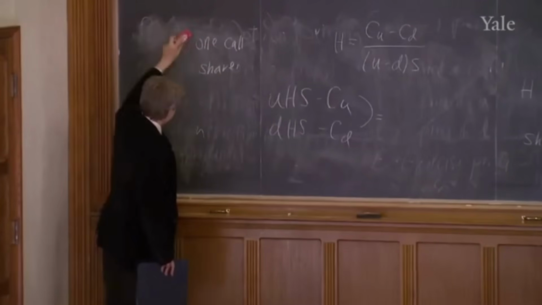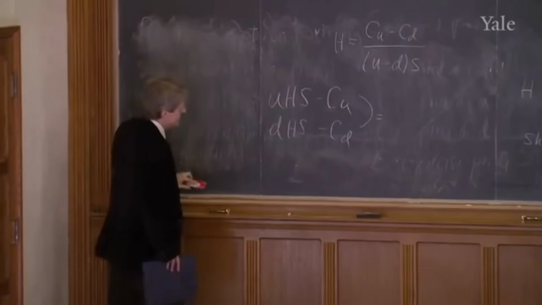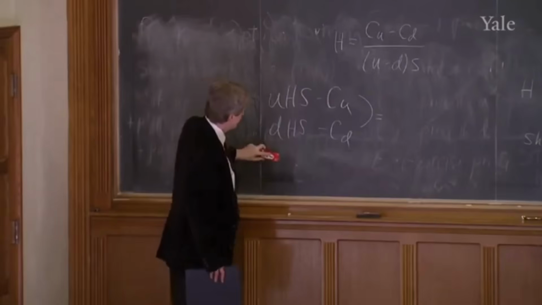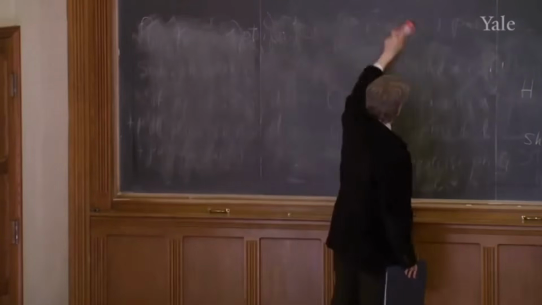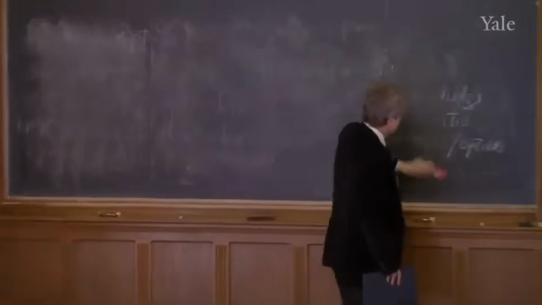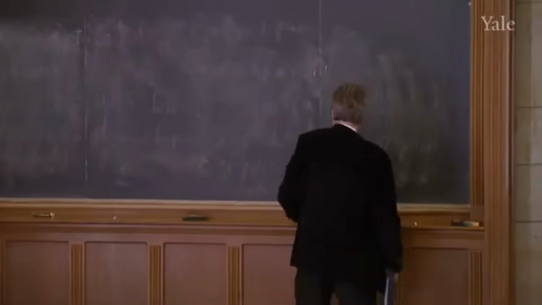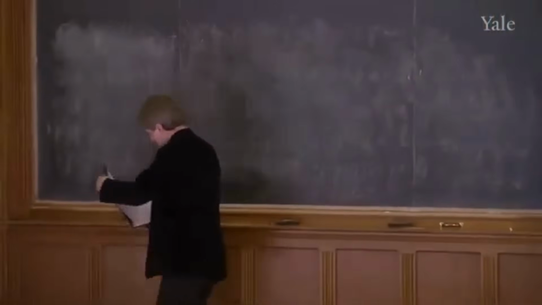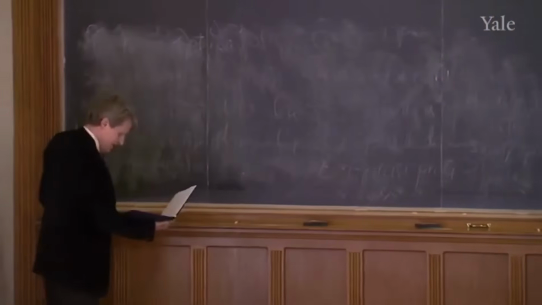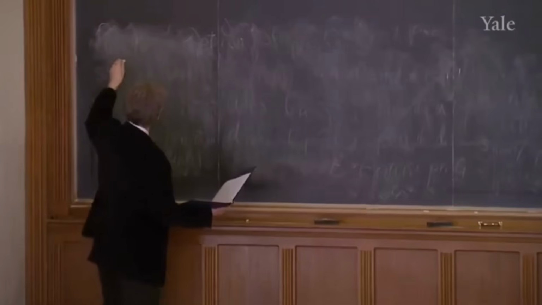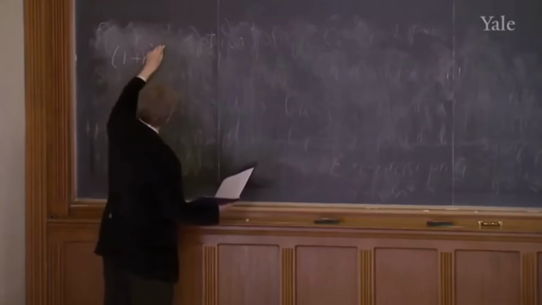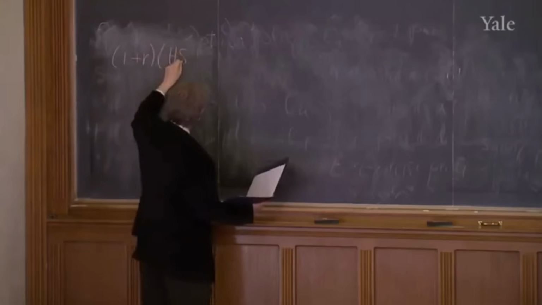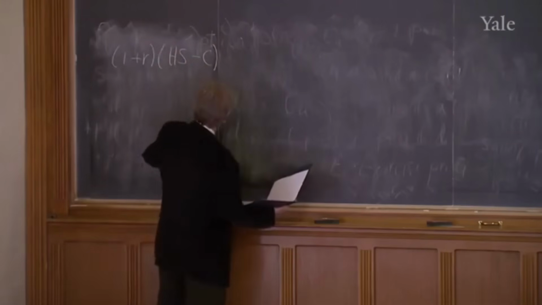It's the same thing as a riskless rate, so it has to earn that. If I can erase this now, I'm almost there to option pricing. The option pricing then says that since I've derived what H is, the portfolio has to be worth 1 plus the interest rate times what I put in, which is HS minus C.